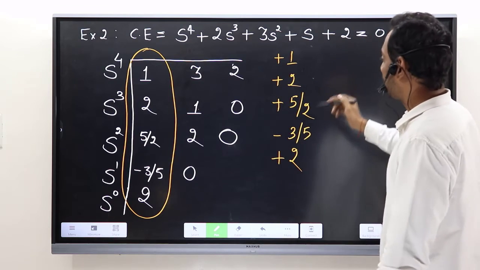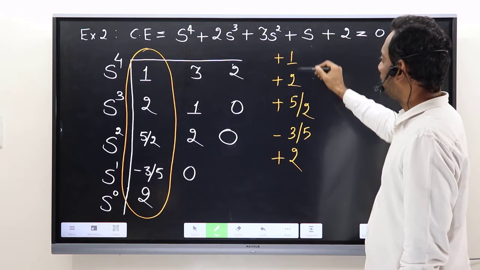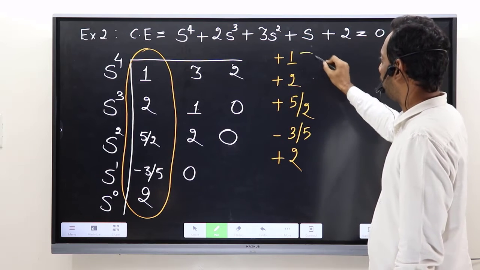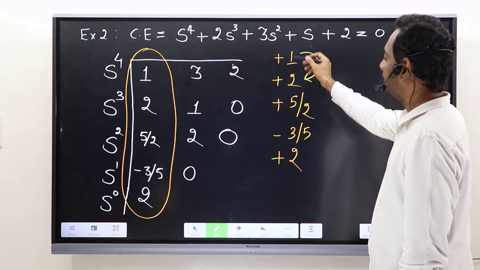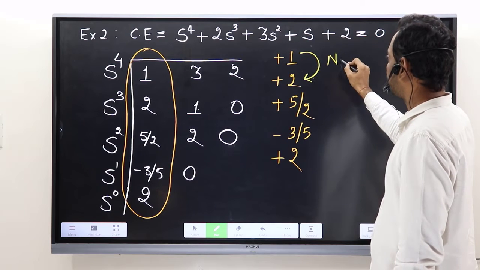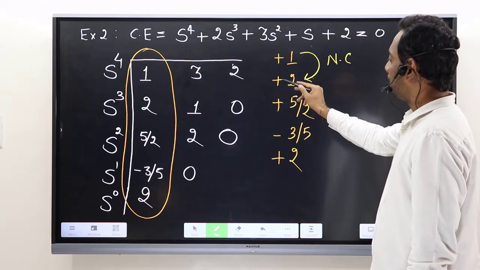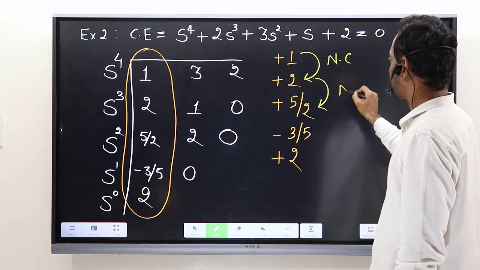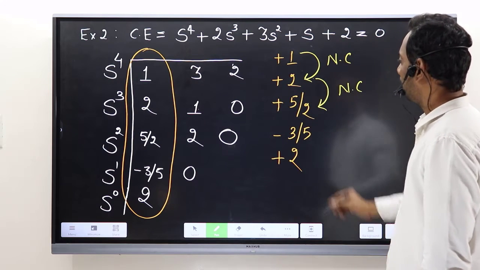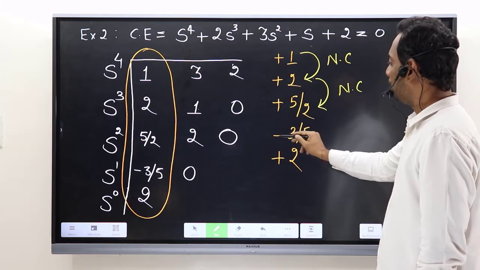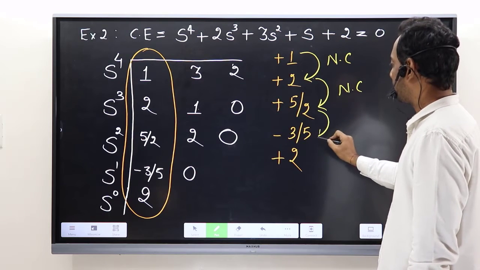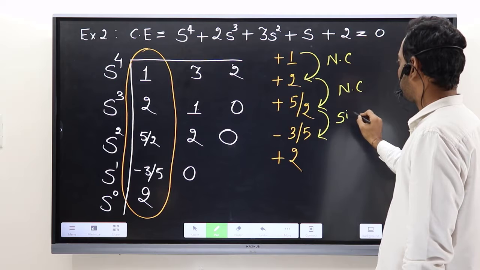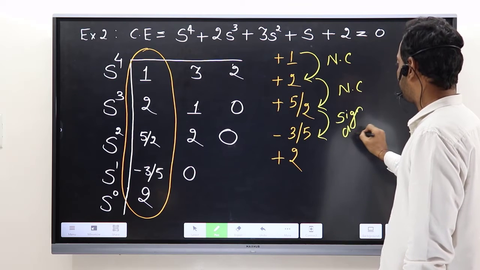So let us check. +1 to +2: is there any sign change? No change. From +2 to +5/2, no sign change. From +5/2 to -3/5, yes, sign change.